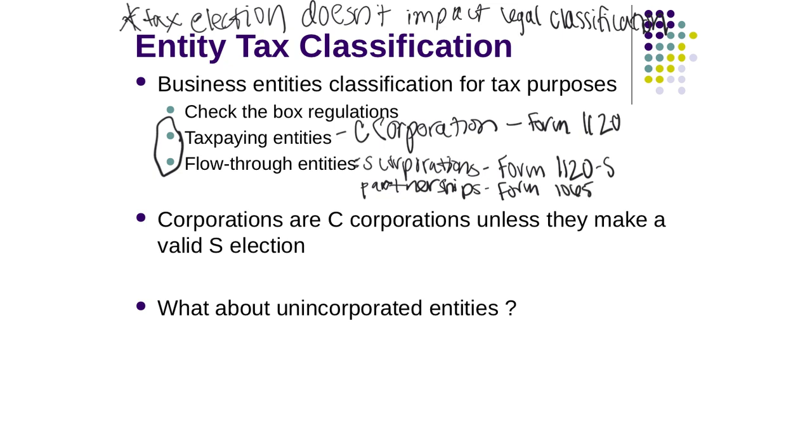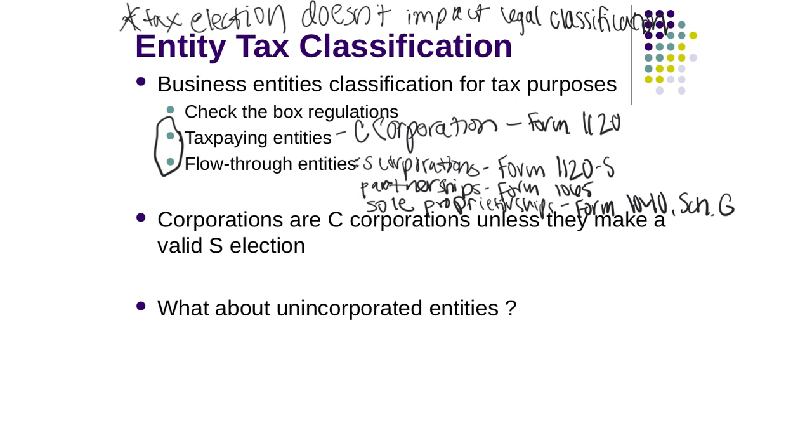And then we have our sole proprietorships, and those are on the Form 1040, Schedule C. Sorry, that's supposed to say Schedule C, but it looks like a G. Let me fix that for a second.